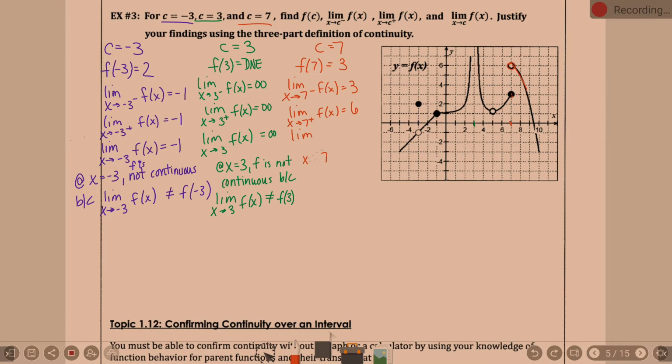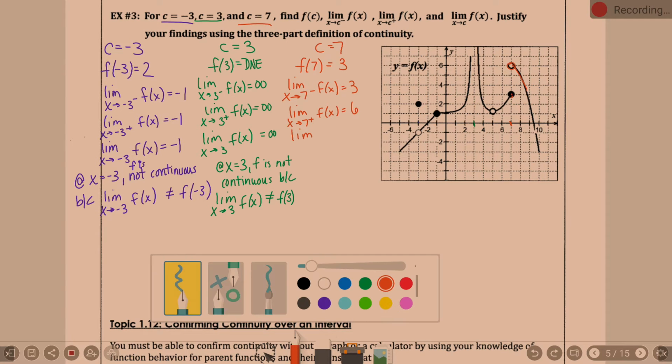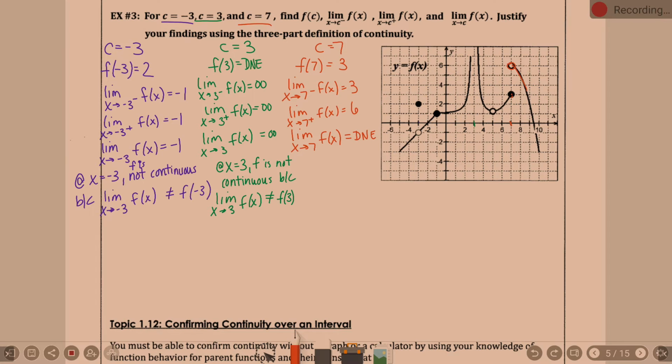Okay, the limit as x approaches 7 of f of x does not exist because the left and the right do not equal each other, right? So, what do we know at x equals 7? f is not continuous. Yeah, it's not continuous. The left and the right do not equal each other, which you could just say is your reasoning, because we couldn't even find the limit. Or you can say what we've been saying on all the others.